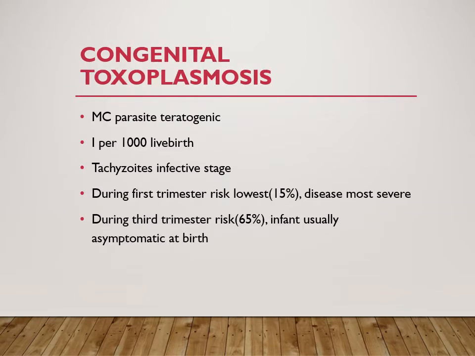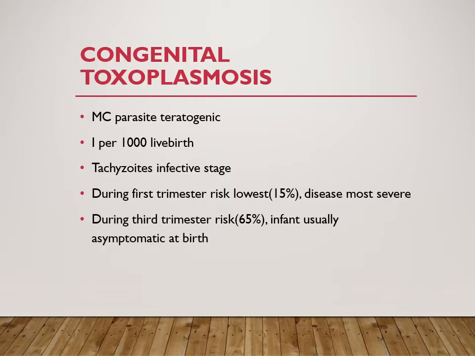Now comes congenital toxoplasmosis. That is the most common parasite which can cause congenital infection. It is teratogenic, meaning it causes congenital malformation in the child. The risk is 1 per 1000 live births. Tachyzoite is the infective stage, and the chances of transmission and the severity depend upon the gestational age.